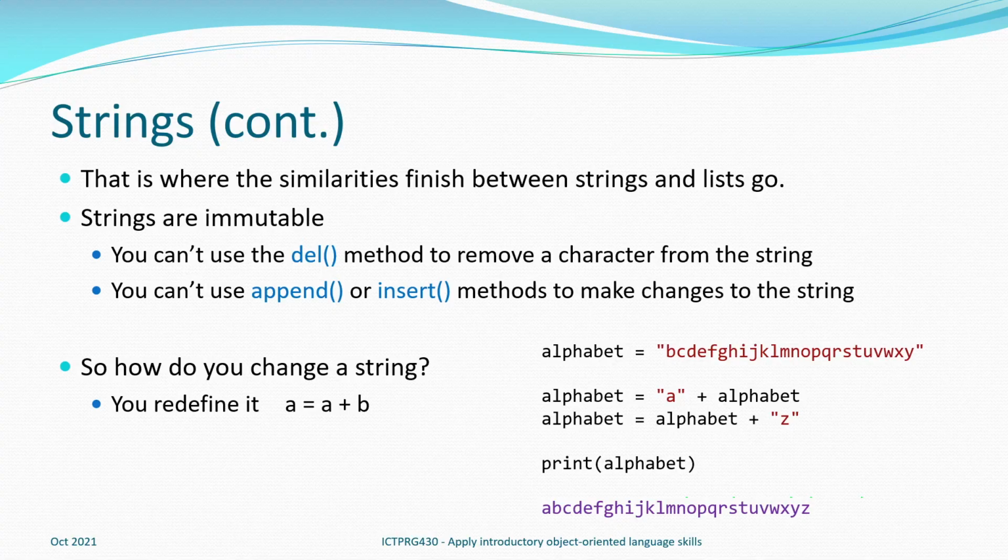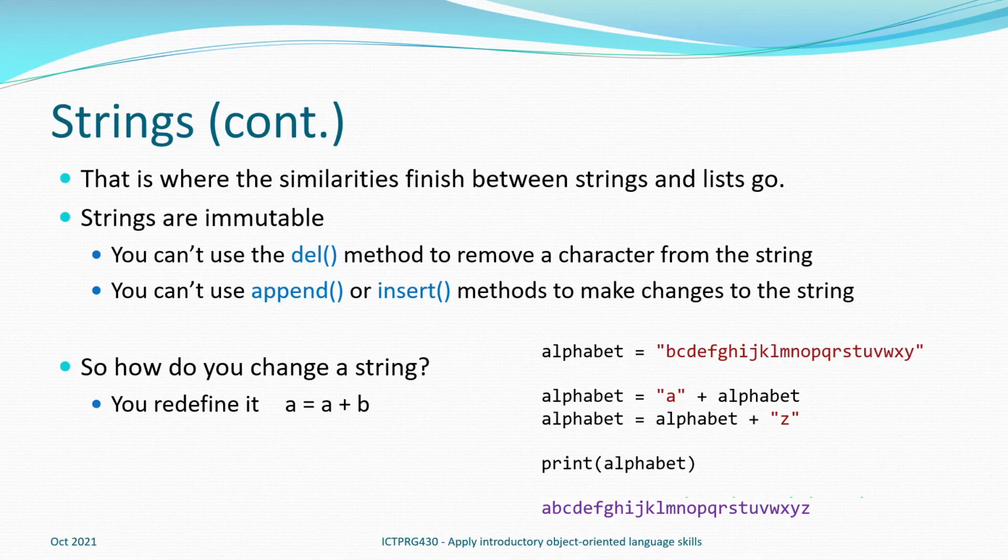If you try to use the delete or append and insert methods on a string, you will get into strife, because the delete method actually deletes your string. You can't append or insert characters into the actual alphabet example here that we've got.